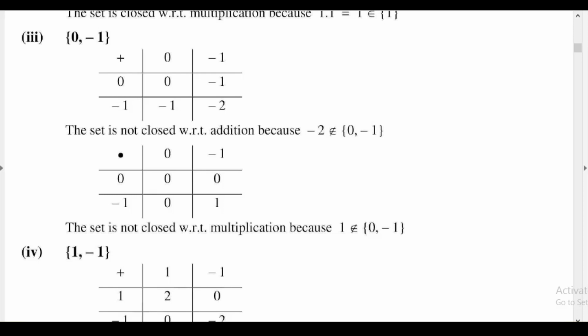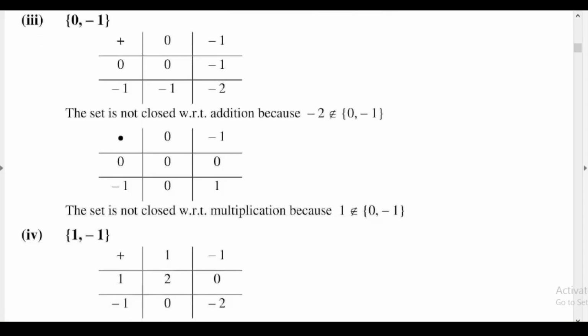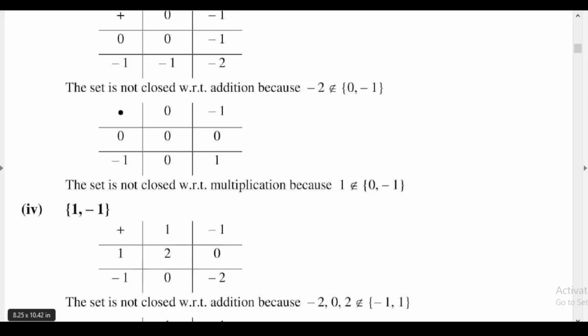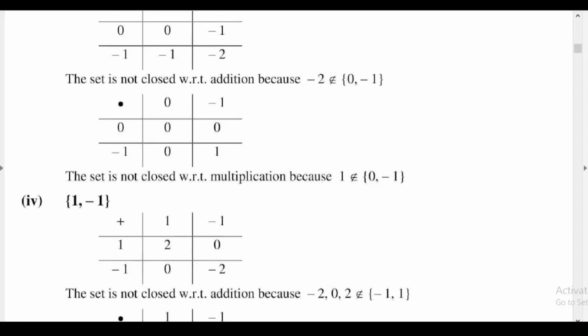So -2 does not belong to set {1, -1}. Hence, the set is not closed with respect to addition because -2, 0 and 2 do not belong to set {-1, 1}, which is the required solution.